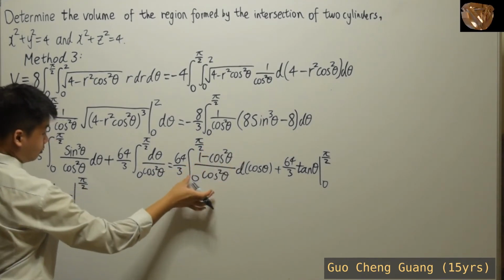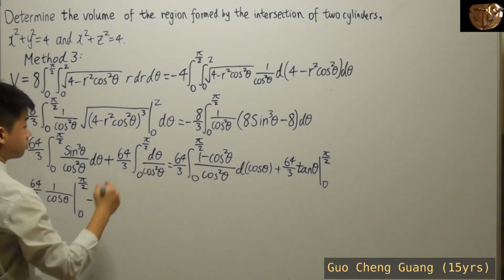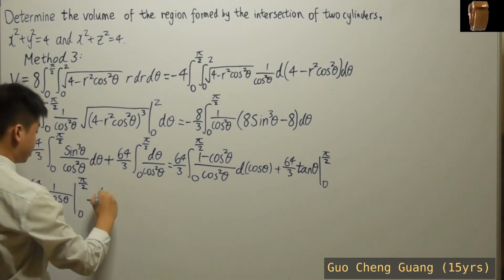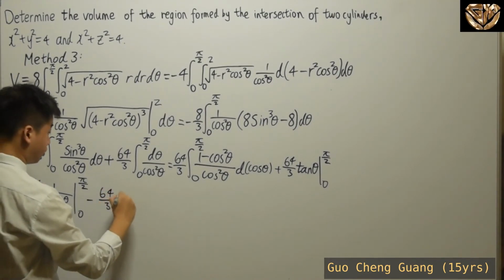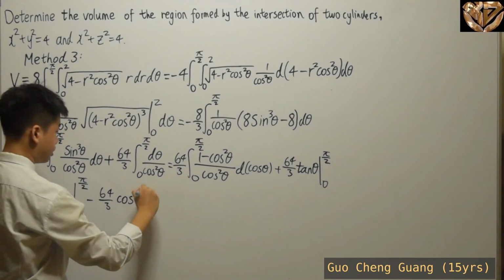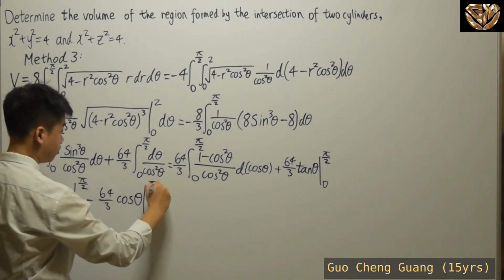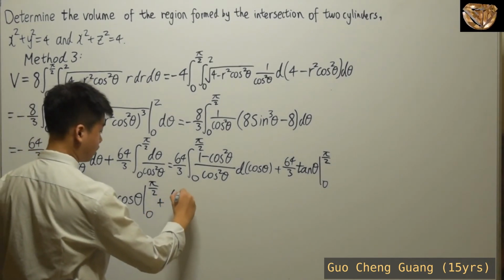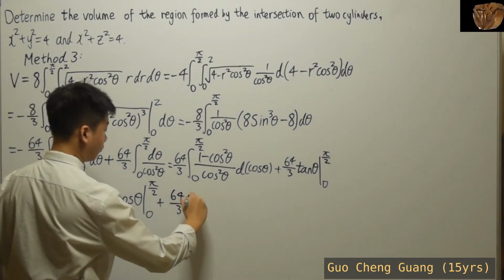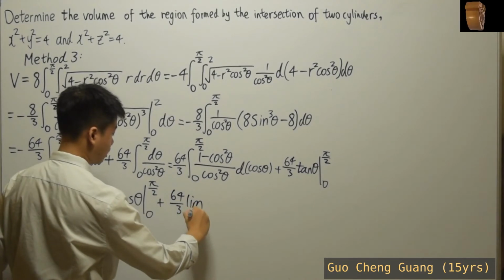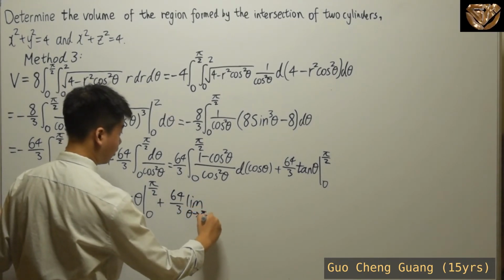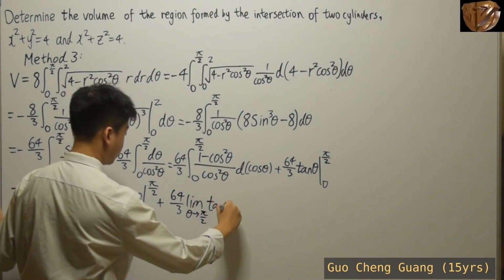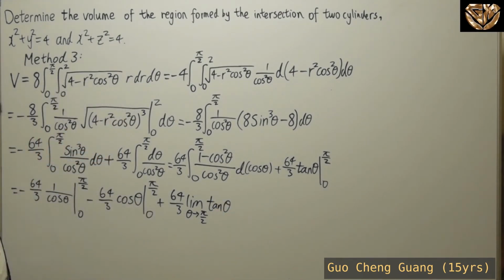Now in the second term, you're going to have minus 1, which is just minus 64 over 3 cosine theta, substitute in from 0 to half pi. And then you have to add 64 over 3 limit theta approaches to half pi tangent theta. Alright? So this is what we will see.